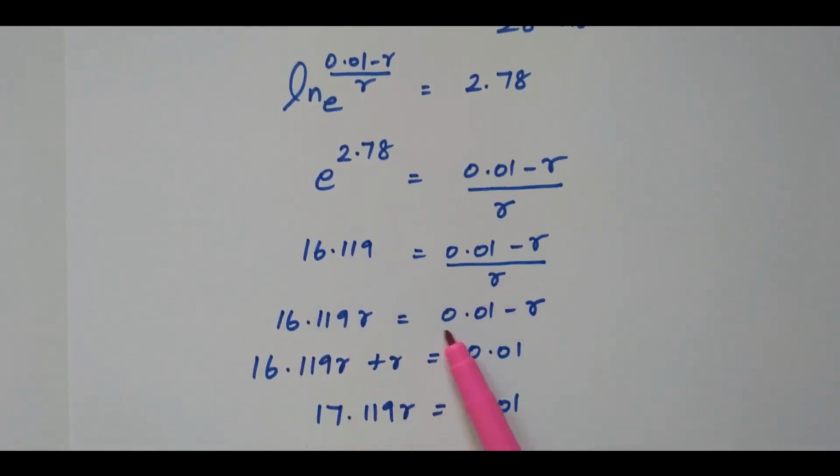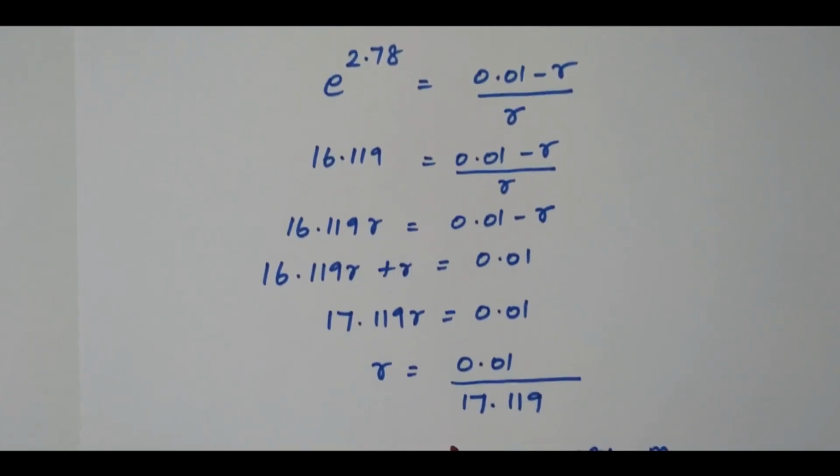16.119 r equal to 0.01 minus r. Bring this minus r to the left hand side, so that 16.119 r plus r equal to 0.01. So 17.119 r equal to 0.01. So r equal to 0.01 divided by 17.119. Right?